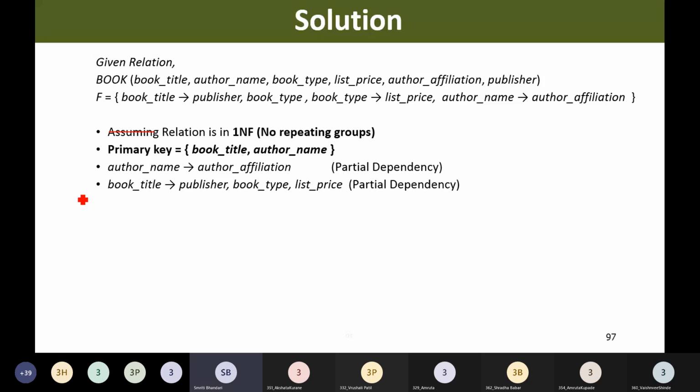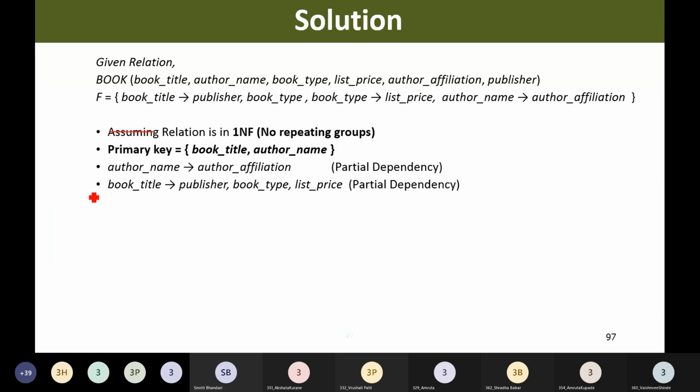Yes? Yes, ma'am. So, what we need to do? I have identified the partial dependencies of this relation. Now, if I want to convert it into 2NF, second normal form, what should I do?